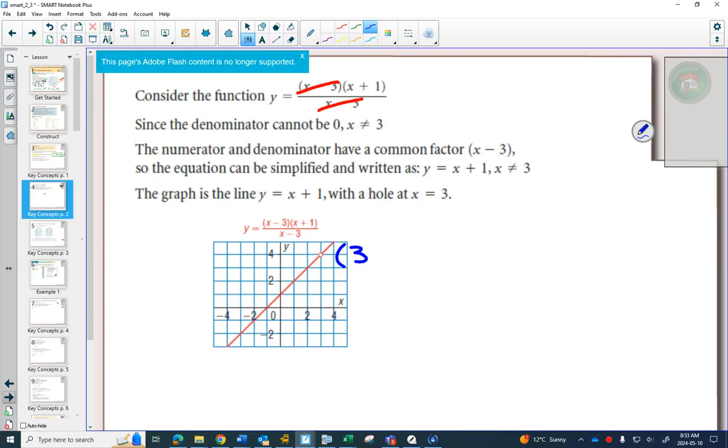And to find that hole, maybe you want to make a note.